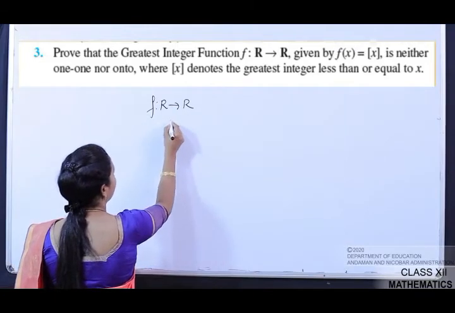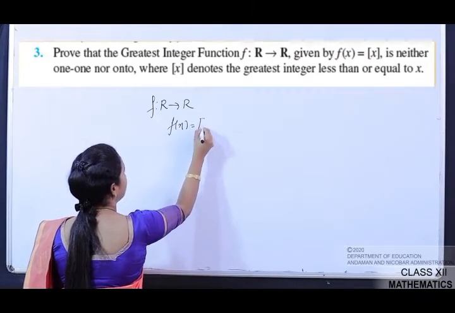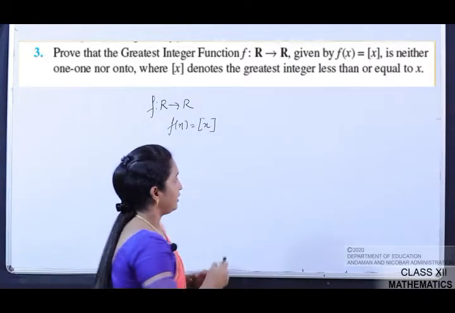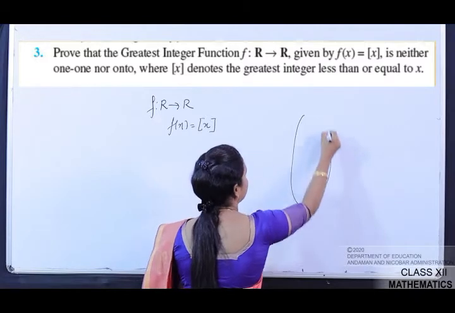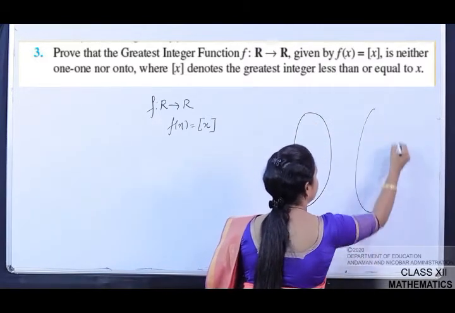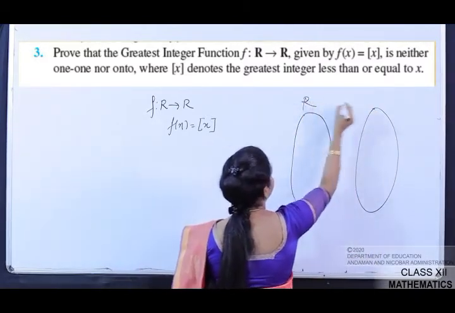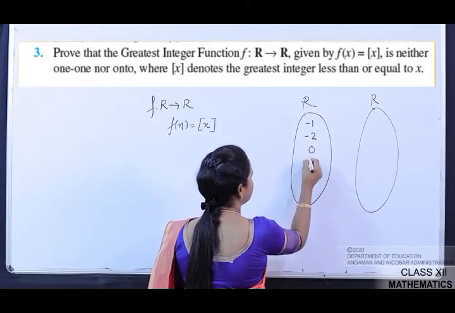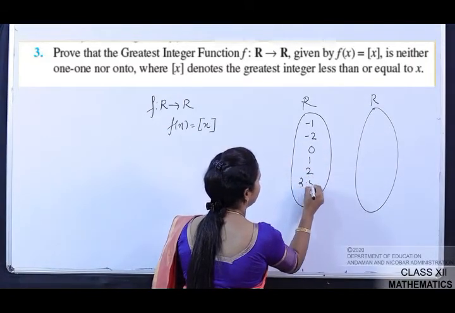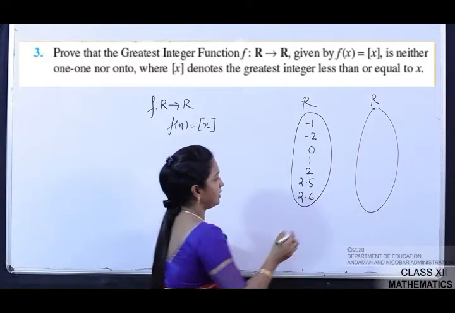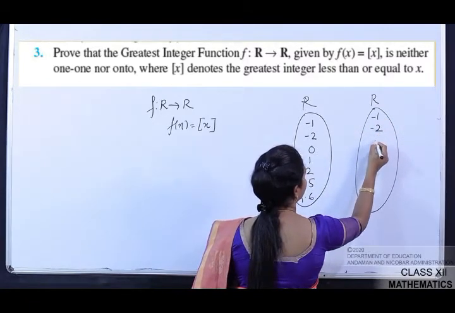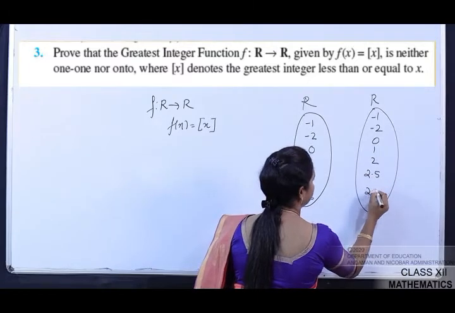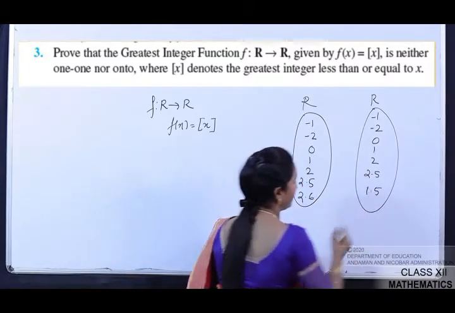F is a mapping from R to R defined by f(x) is equal to greatest integer x. ठीक है, तो we will see that if I am taking two sets here, okay, R, this is also R, minus 1, minus 2, any all real numbers, कुछ negative, कुछ positive, कुछ 2.5, 2.6 ले लेते हैं यहाँ पे. ठीक है, यहाँ पे भी I'll take minus 1, 2, 0, 1, 2, 2.5, 2.7 ले लो या 1.5 ले लो यहाँ पे. ओके.